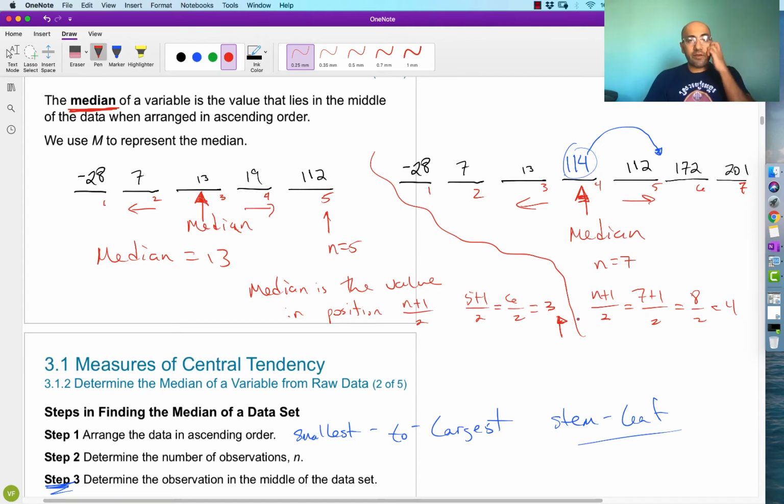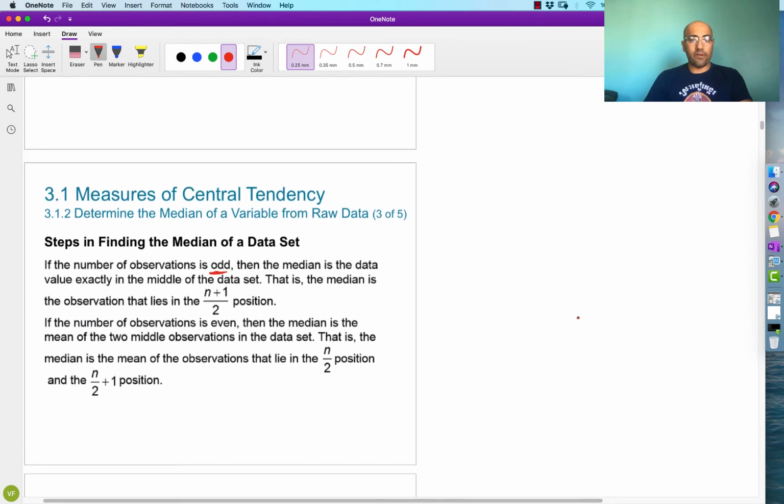So if you're dealing with a very large set, let's go back over here. For example, I know that I can organize them, and I have number 1, number 2, number 3, dot, dot, dot, and way out there, let's say there are 117 different numbers from the smallest to the largest. Okay, that's a lot of numbers. Well, there's an odd number of values, so this can tell me the location of where my median is going to be.